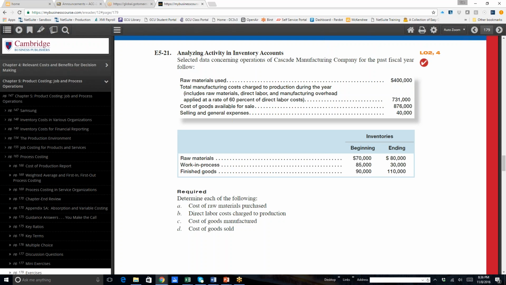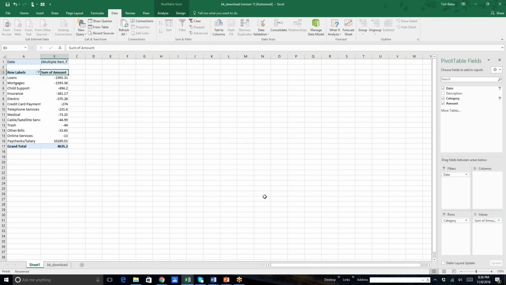You also up here have the raw materials that were used. So what you have to find is the total available raw materials and the purchases. The easy way to do this is to just work it backwards.